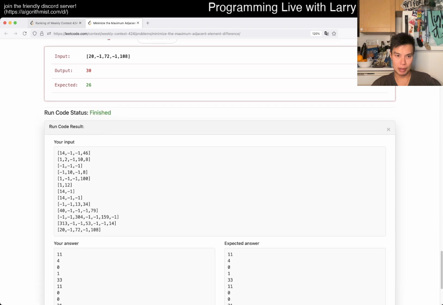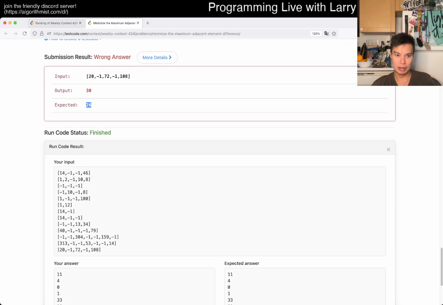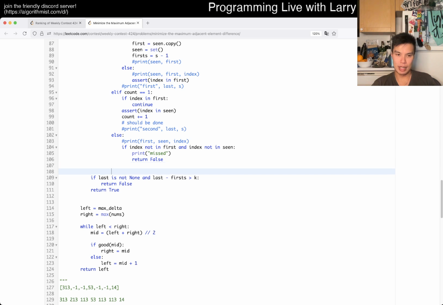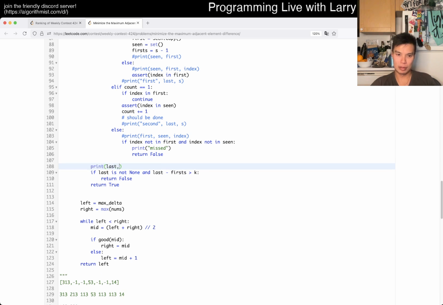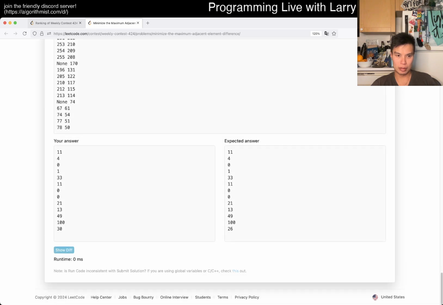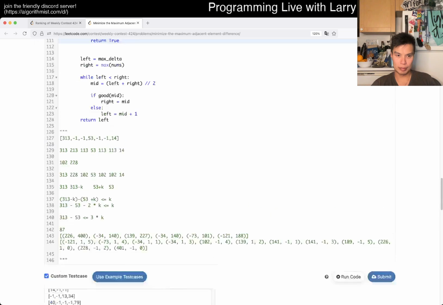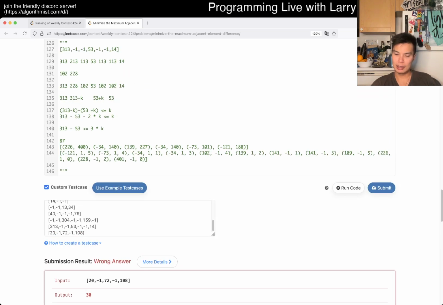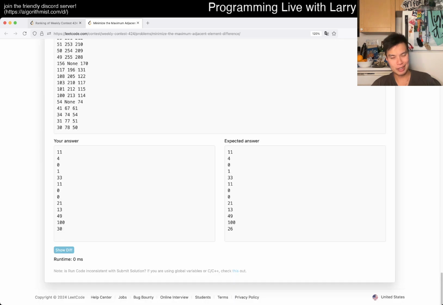My output is 30, but expected 26. So I think it's because of this, because now, because I think it has to be that the two adjacent.